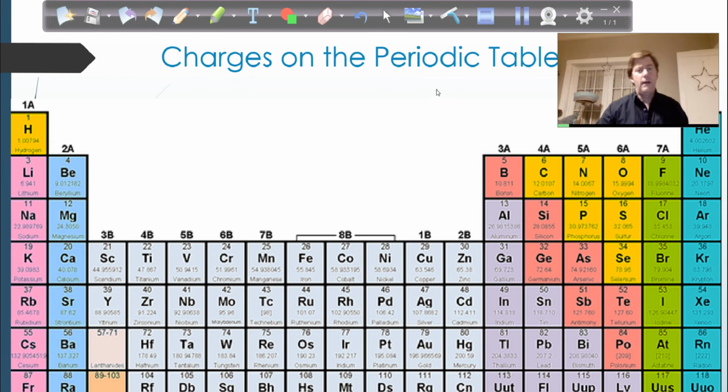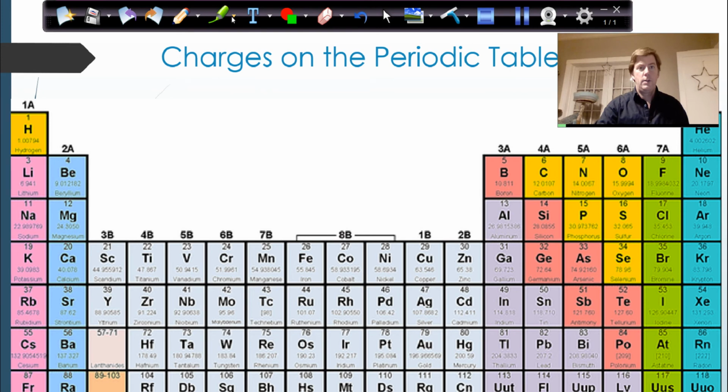So for this next part, you better grab your periodic table, because I'm going to be writing on the table and giving you some info. So first off, as we think about the alkali metals, this periodic table has the old way of putting group numbers on there, the A's and the B's, which is kind of nice, but nobody uses it anymore.